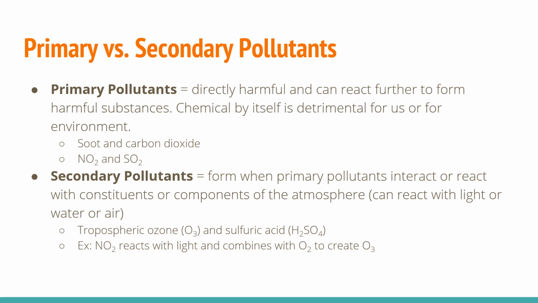Examples of these would be tropospheric ozone, O3, sulfuric acid, and nitric acid. As an example, NO2 was a primary pollutant, usually from the combustion of engines. NO2 is going to react with light, and then it's going to cause oxygen to create ozone, which we will talk more about in detail in another slide.